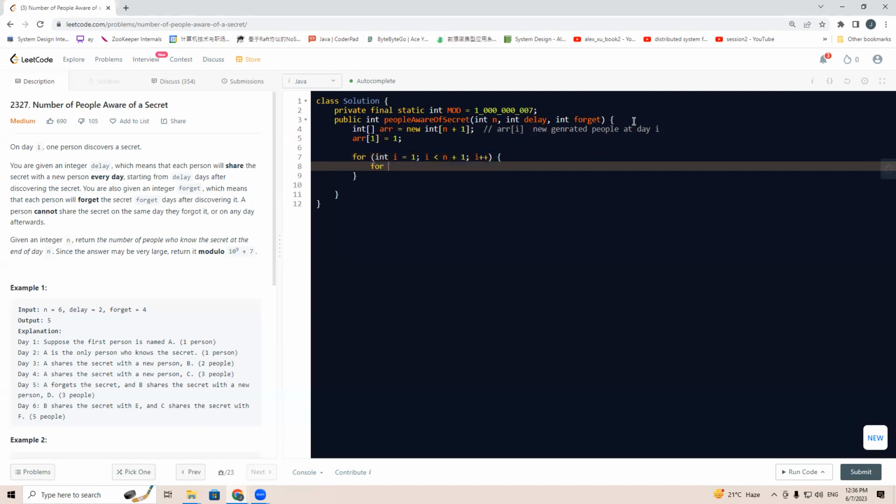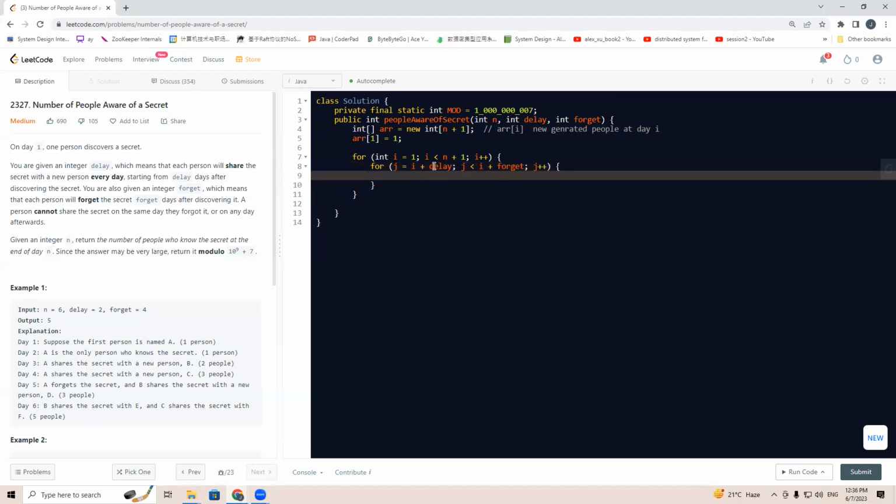And for j equals i plus delay, j should be smaller than i plus forget, j plus plus, right?